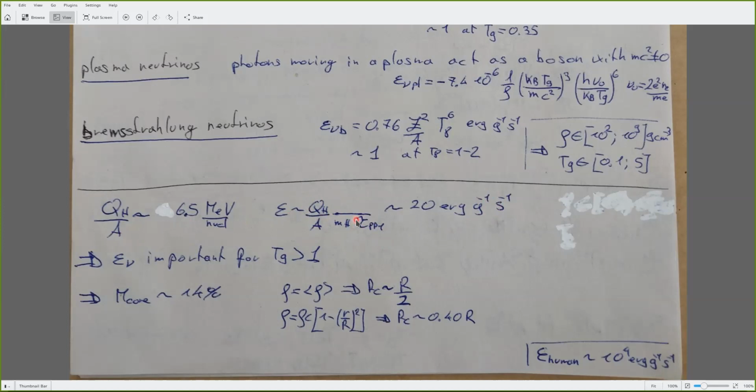Now we need a time, and we can take the mean time of PP1. As we saw, it's a really long reaction that needs a lot of time to go through, so we can take it as a typical time for each reaction.